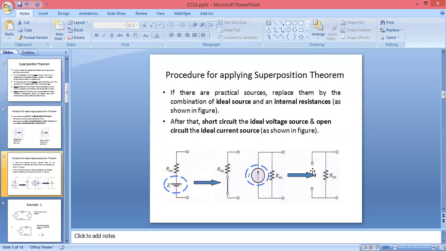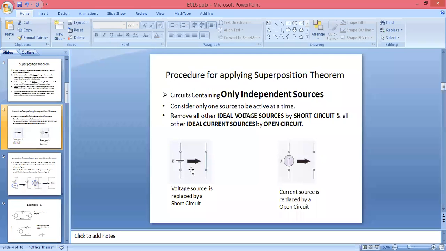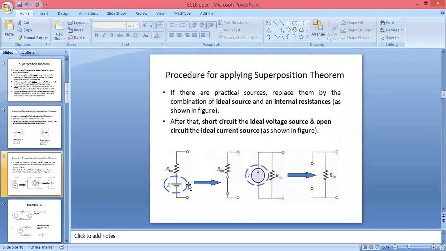If there is an ideal voltage source, there is no need for anything else; we can directly replace the voltage source by a short circuit. But if there is a practical voltage source, then we can take one additional resistance with this voltage source.